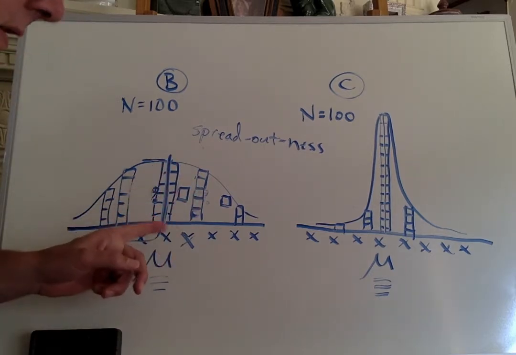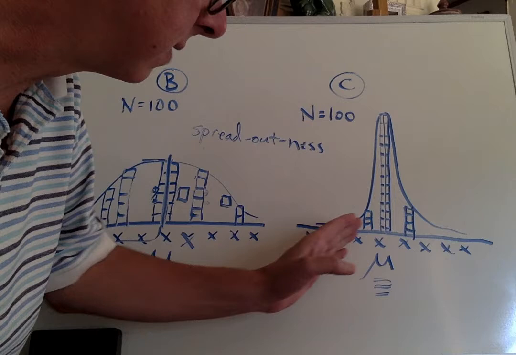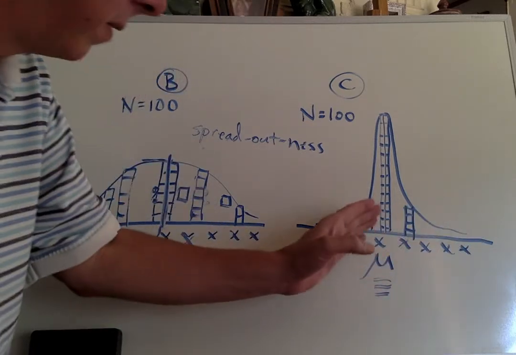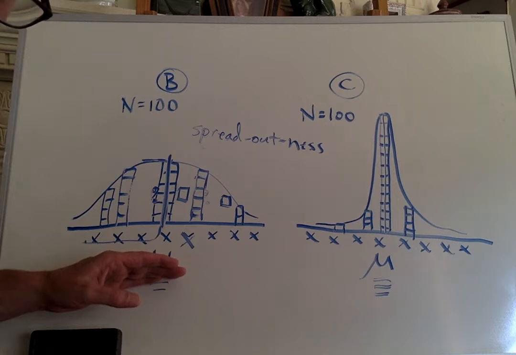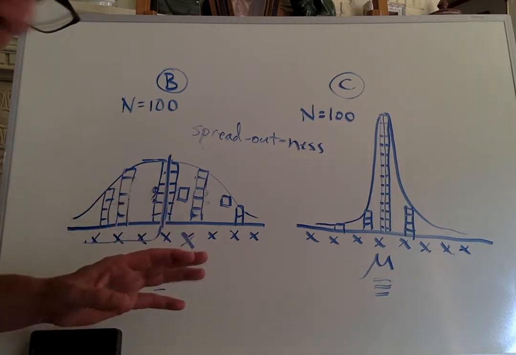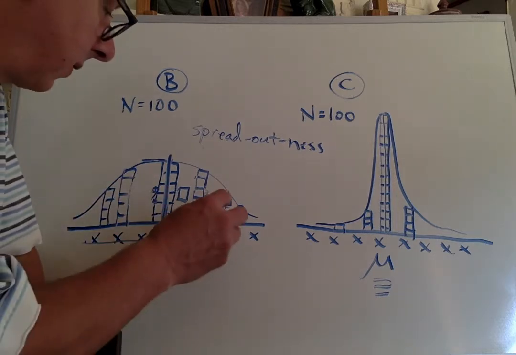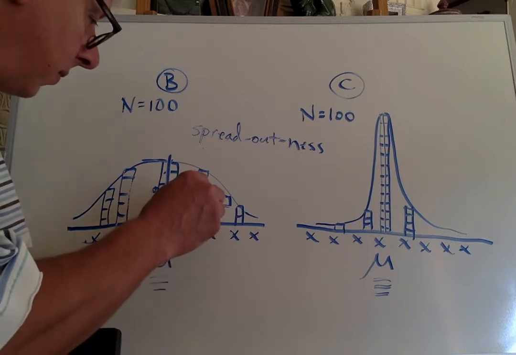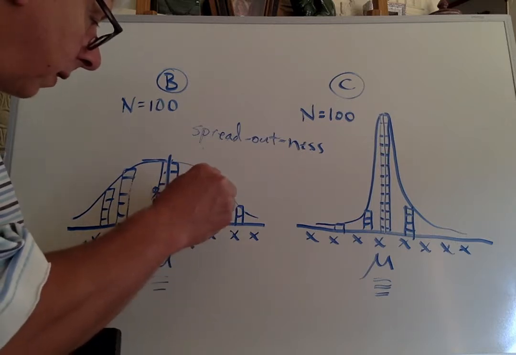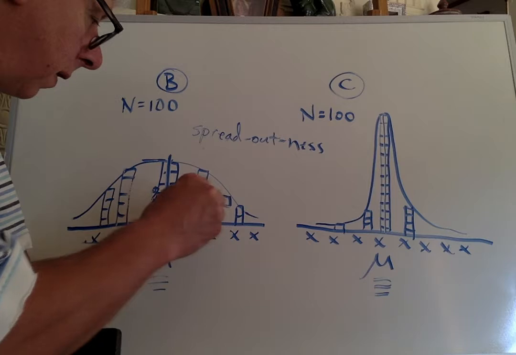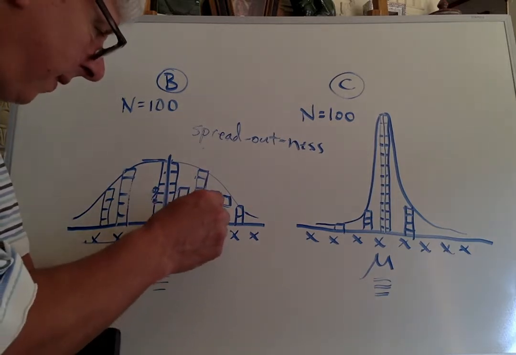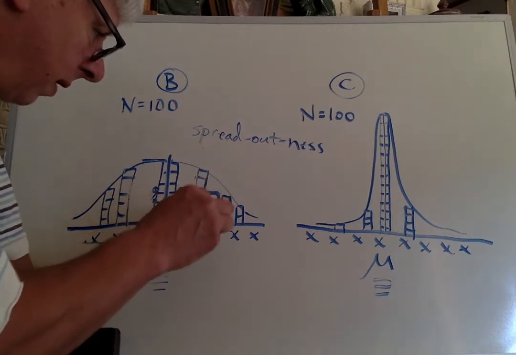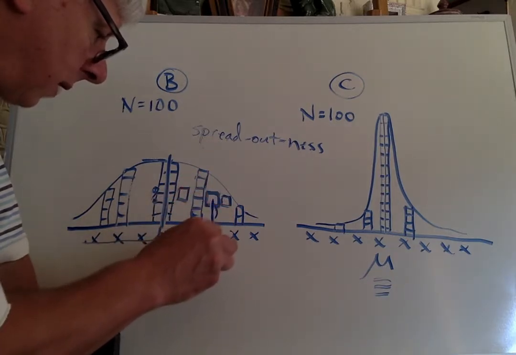There are not as many numbers that are spread out in this one. There are more numbers that are spread out over here. Suppose that we took this number here, and let's put an x value on it. Let's say that this number is x equals 82.